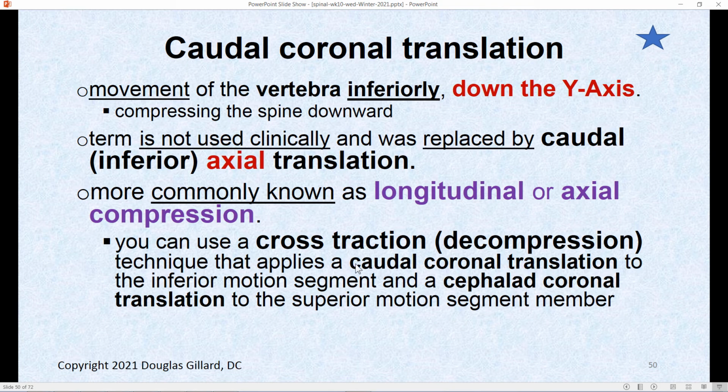Cross traction, if you learn the cross traction technique, you can kind of pull a bone apart by cross tractioning, let's say L4, L5. You can put one hand on the sacrum pushing inferiorly, and the other hand pushing superiorly, and you get both forces. You get a caudal and a cephalad coronal translation by using a cross-tractional method.